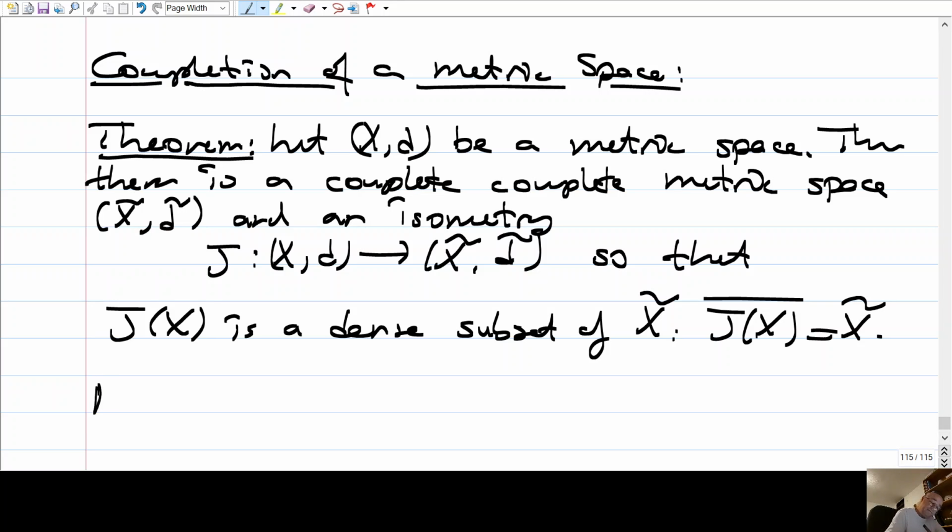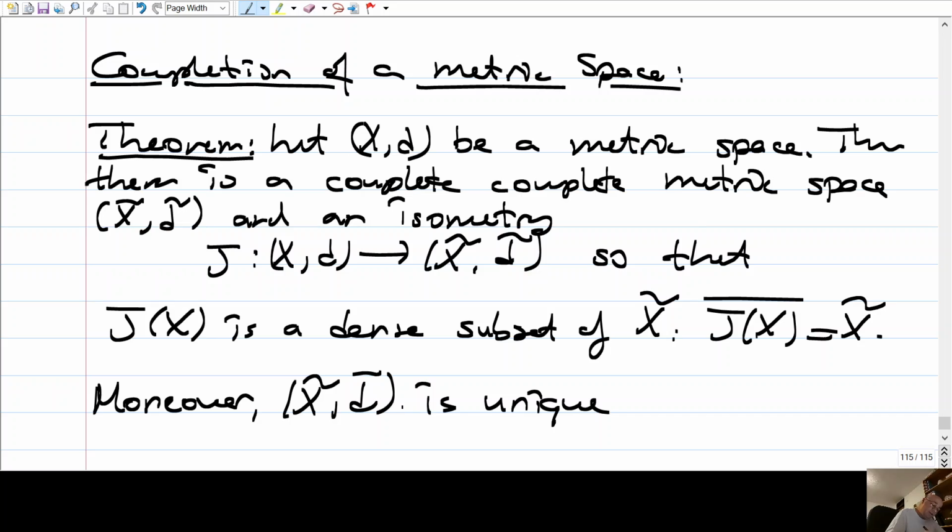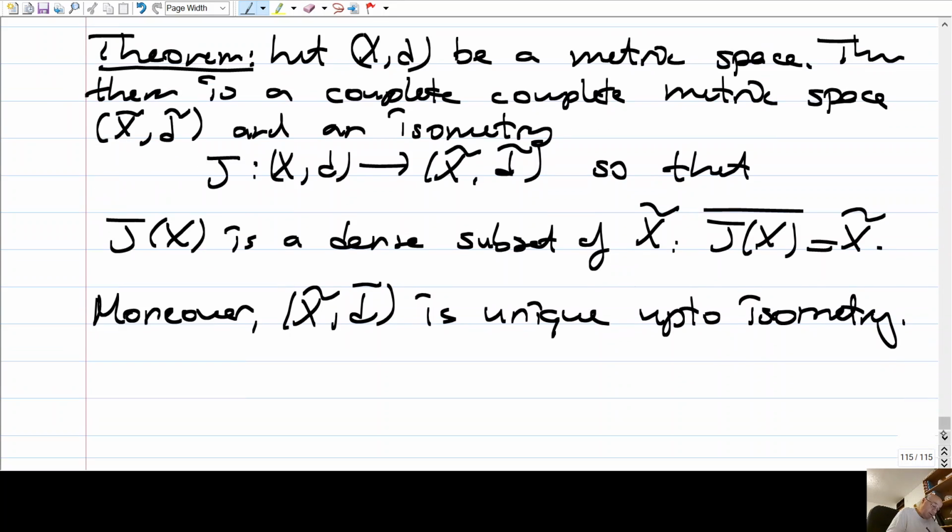Moreover, (X tilde, d tilde) is unique up to isometry. This means what?